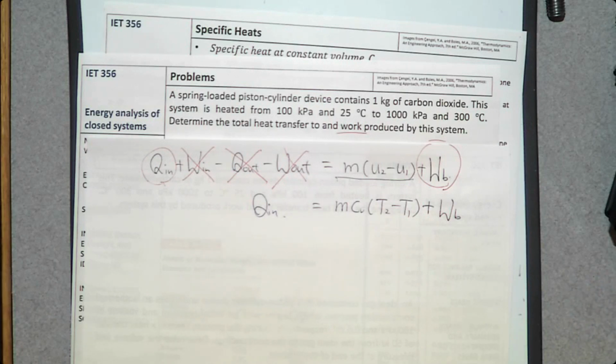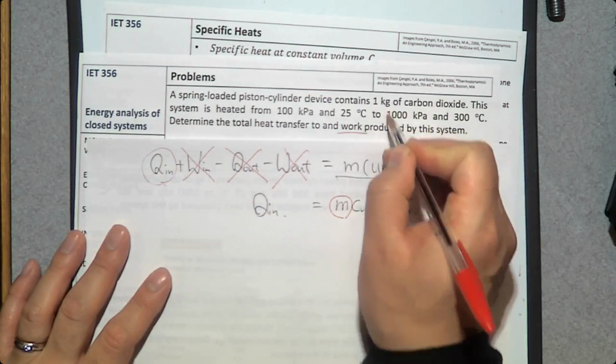Mass times specific heat. CV is specific heat at constant volume. CP is specific heat at constant pressure. So there are two specific heats, CP and CV.